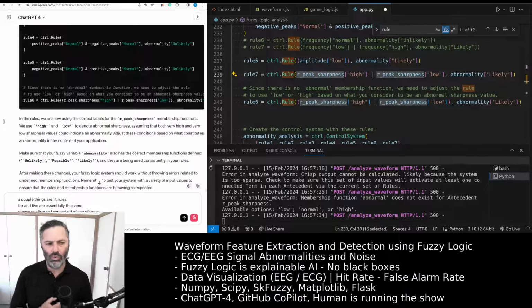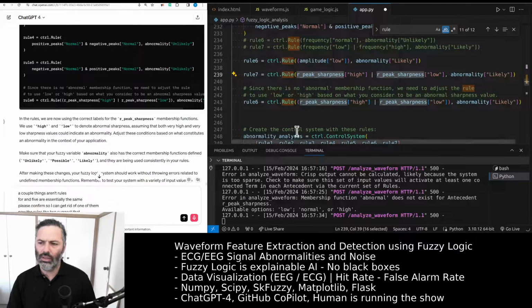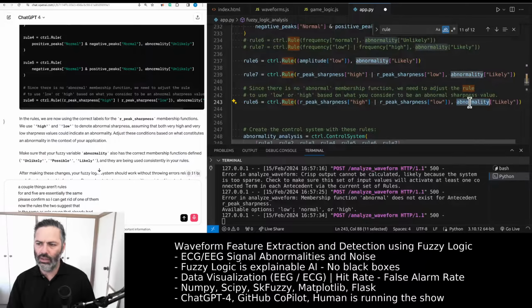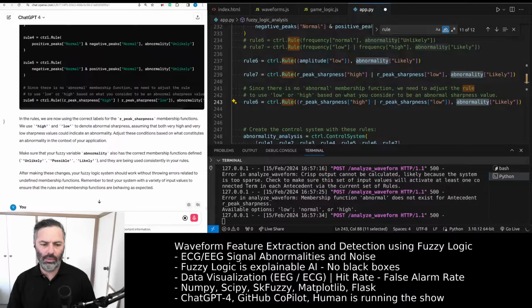Now, the rule 6 that you suggested is the same as rule 7 that I already had. Please confirm. Yep.